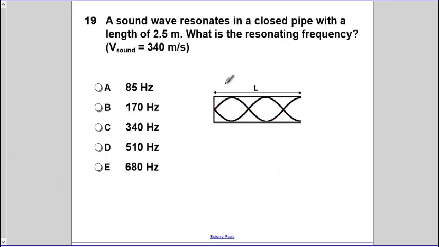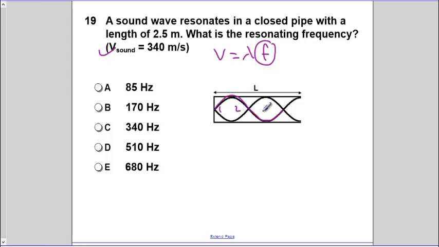What is the resonating frequency of this one? We know velocity is lambda times f. We need to solve for f. We know v, that's given. We need to figure out the wavelength. This is one complete waveform, so the wavelength is going to be less than the total length.